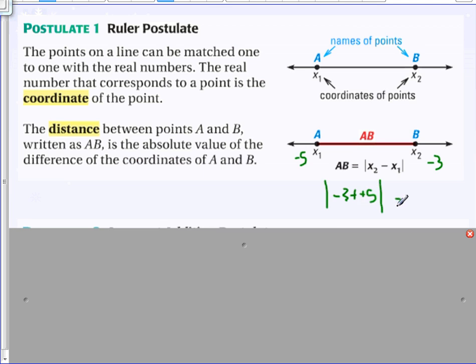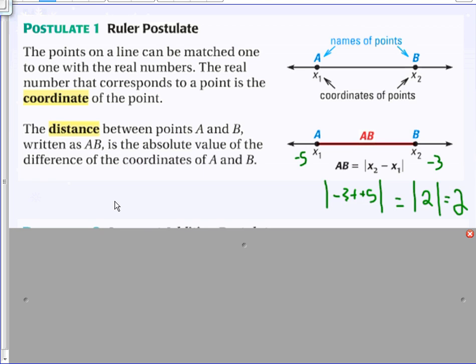So in this case, the absolute value of negative 3 plus 5 would be 2. Okay? And the absolute value of 2 is 2. Okay? So that is the distance between AB in this particular example.